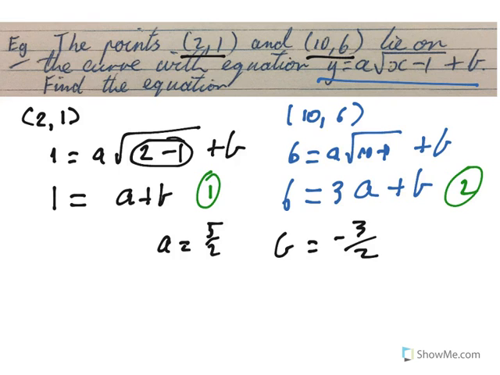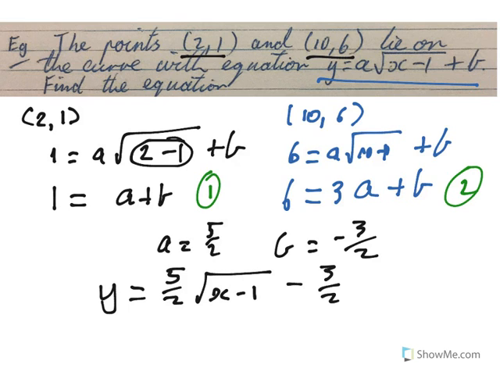So when we stick that in, our final equation is y equals 5 over 2 square root of (x minus 1) minus 3 over 2. On your work plan, that's exercise 3G and exercise 3.